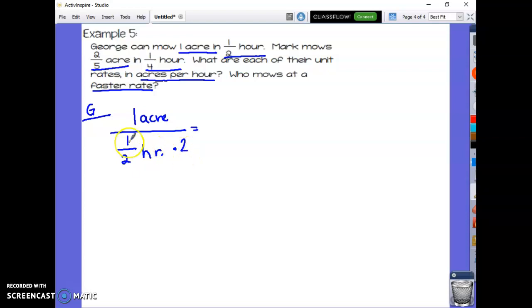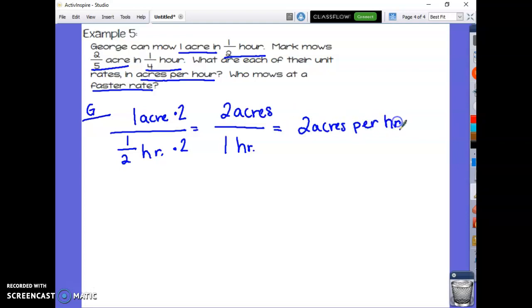Because when you multiply by 2, you end up with 2 over 2, which gives us a 1 hour. And then whatever you do to the denominator, you must do to the numerator, so 2 acres. So our answer for George is George mows 2 acres per hour.